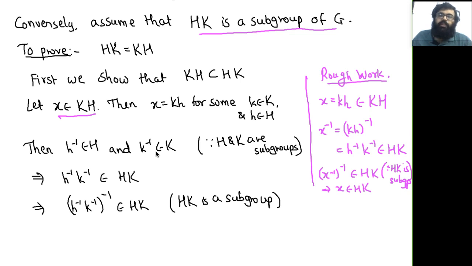I may have created a bit of confusion here, but what I believe is, when we are creating a proof like this, rough work always helps. So this is how we are actually doing it, and then like a book we are writing what we need here. So we wanted h inverse here, k inverse here, but how do we get the idea? That is why I do the rough work. I know by this method I have confused you a bit more, but this is the correct way to understand.